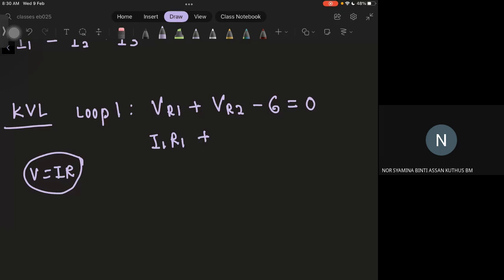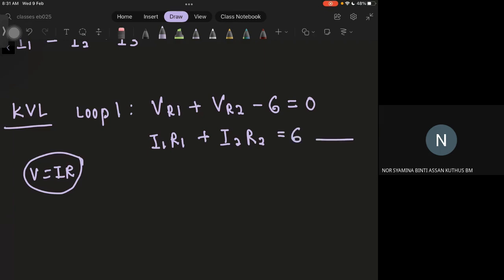Current mana yang masuk R2 untuk loop yang pertama? Untuk loop yang pertama, current that goes through R2 adalah current I2. I2 R2, so equals to 6.